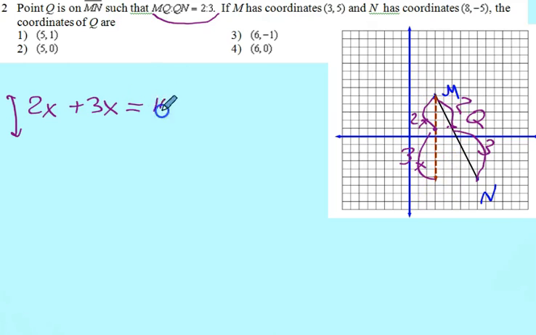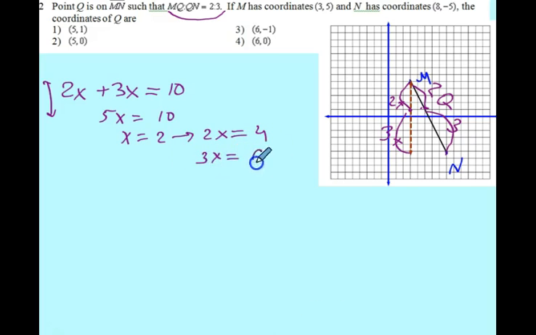Count the units. Okay, so now that we have these values, they simply mean that 2 units, 2 parts become 4 lengths starting from M. 1, 2, 3, 4.